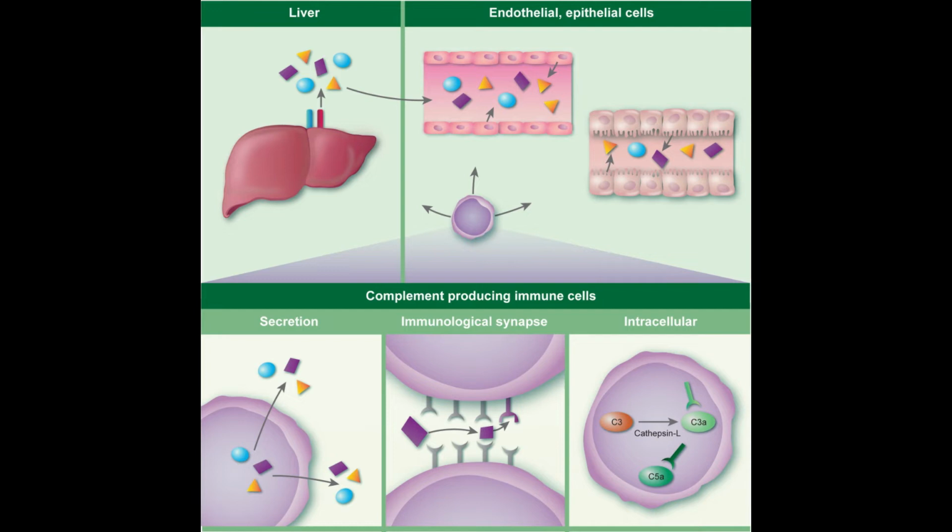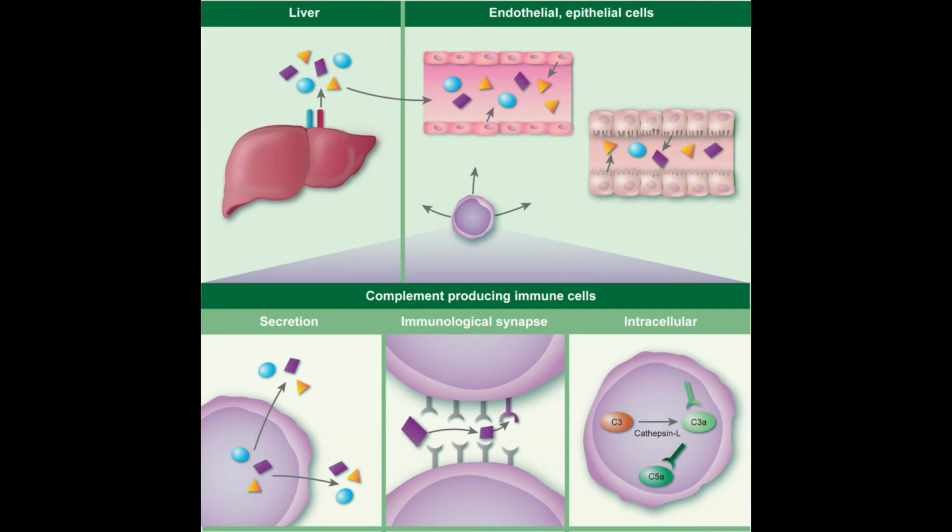C3 has a 190 molecular weight and a concentration of 1,200 micrograms per milliliter, and its function is as a key intermediate in all pathways. C5 has a 190 molecular weight and a concentration of 80 micrograms per milliliter, and its function is to initiate the membrane attack complex.